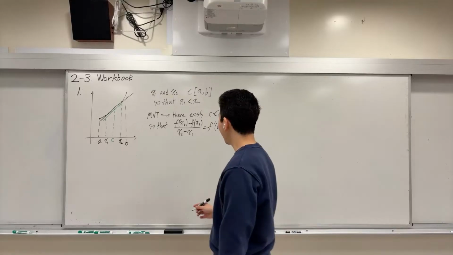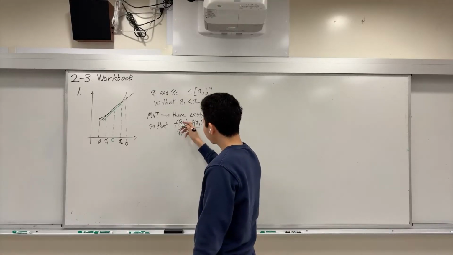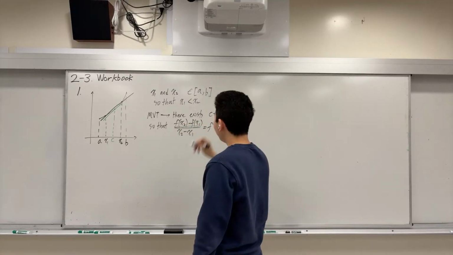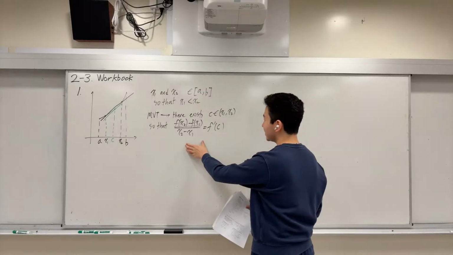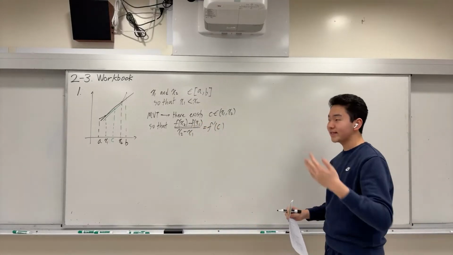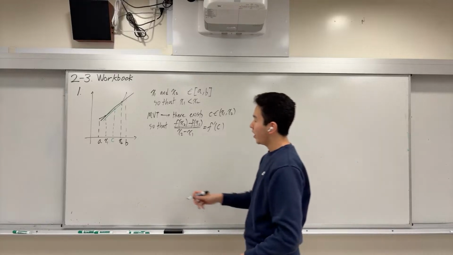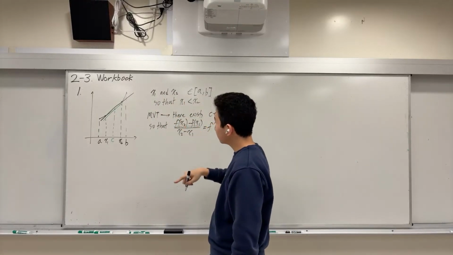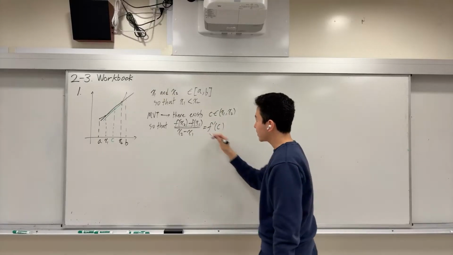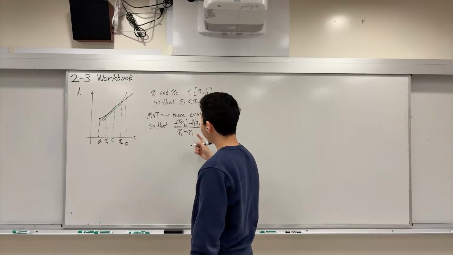Okay, so what we want now is to isolate the expression f of x2 minus f of x1. If this is always greater than 0, then we've essentially proved that when x2 is larger than x1, as we have stated here, f of x2 is going to be greater than f of x1. So let's multiply both sides by x2 minus x1.